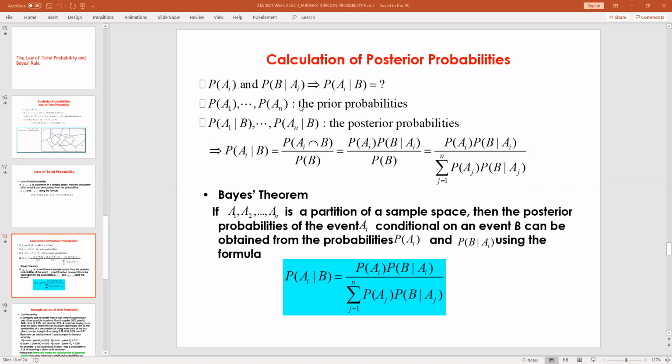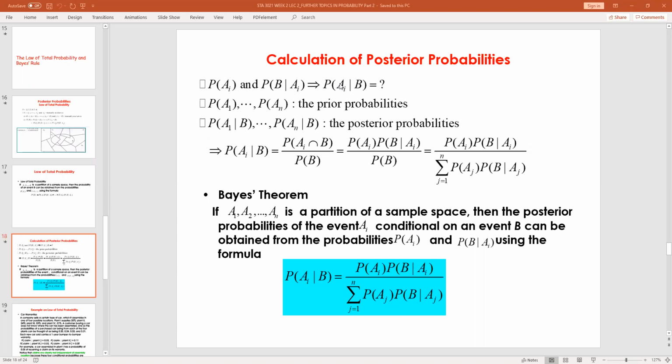Don't forget that I specified A. If you update the prior belief about A once we observe B, which is the evidence, then this updating takes account of what I'm going to call the likelihood of the evidence.